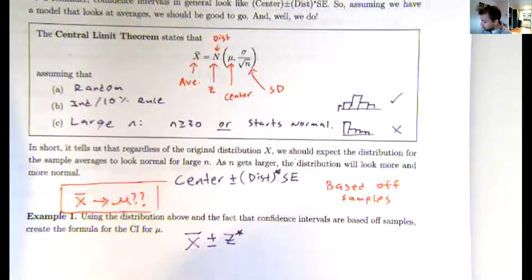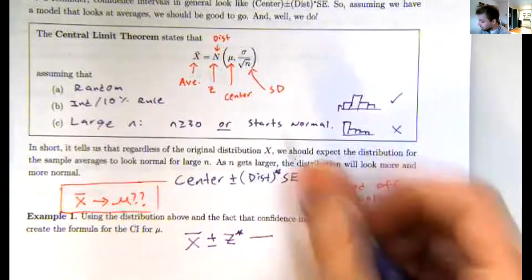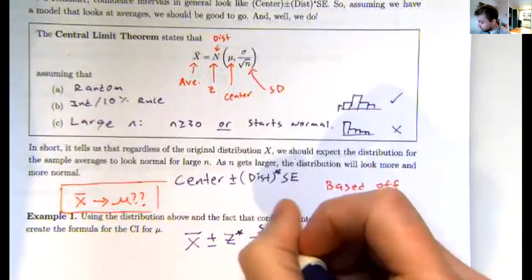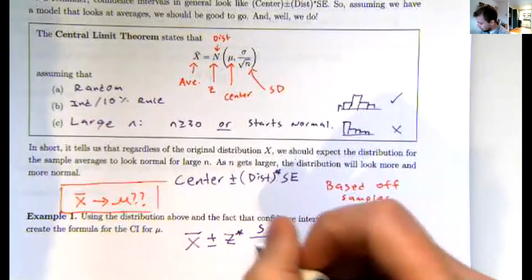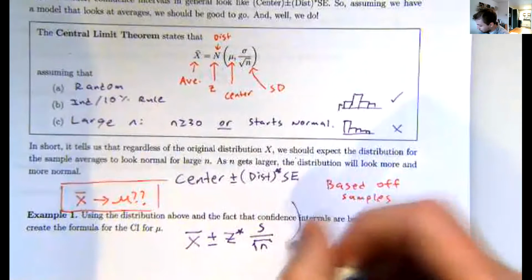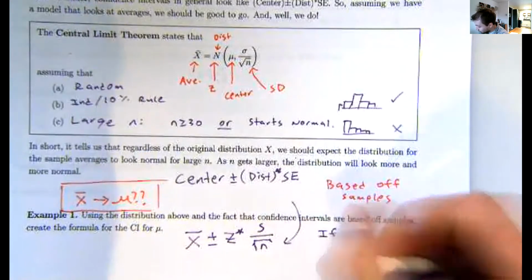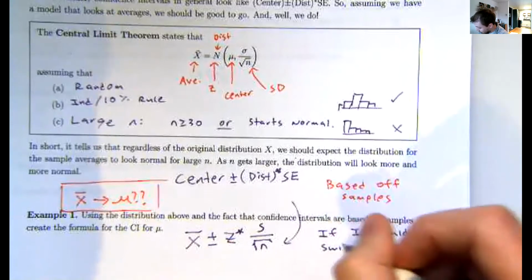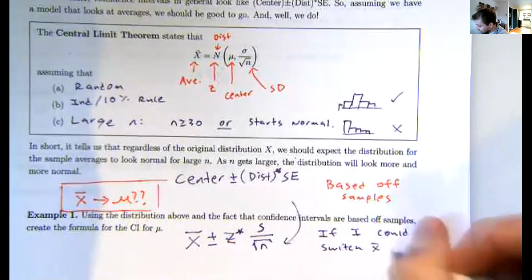What I would like to do here is I'd like to change the sigma to an s, and I'm going to do so for just a second, over the square root of n. So this is what it would look like if I could switch x bar and mu.